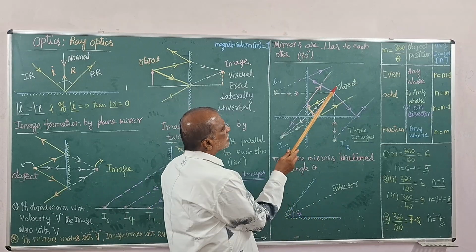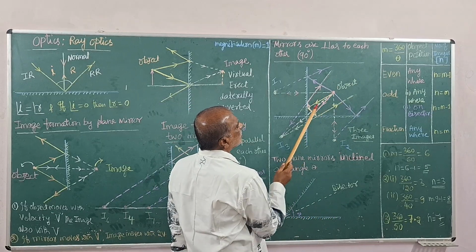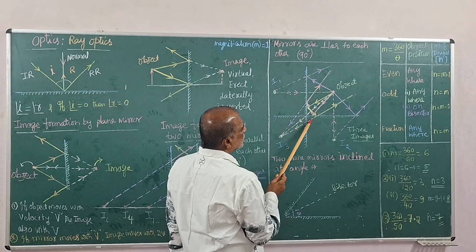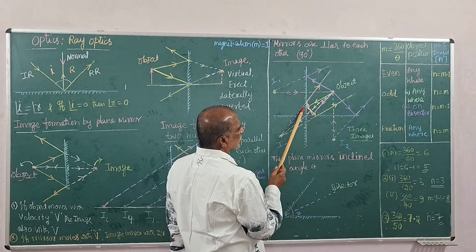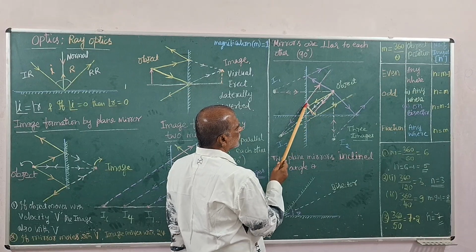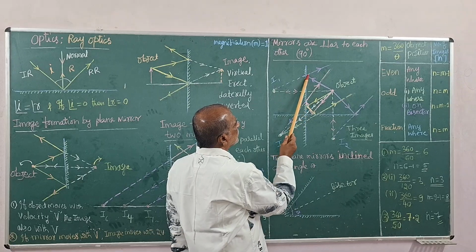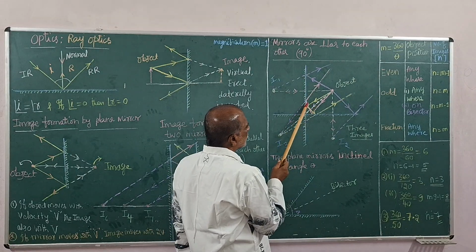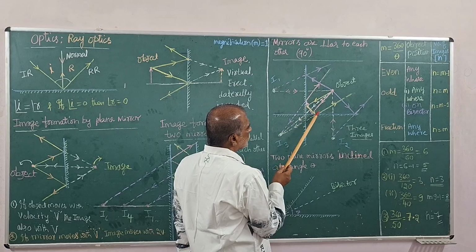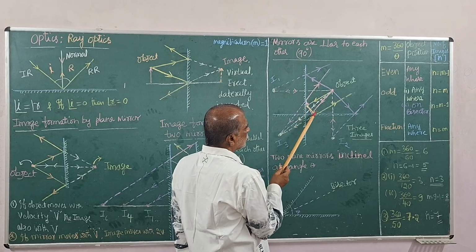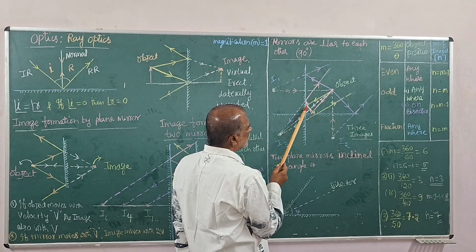If the light is reflected on this portion nearby the corner, at the corner like this, it is not reflected like this. For example, there is a reflection and one more reflection due to the plane mirror nearby.